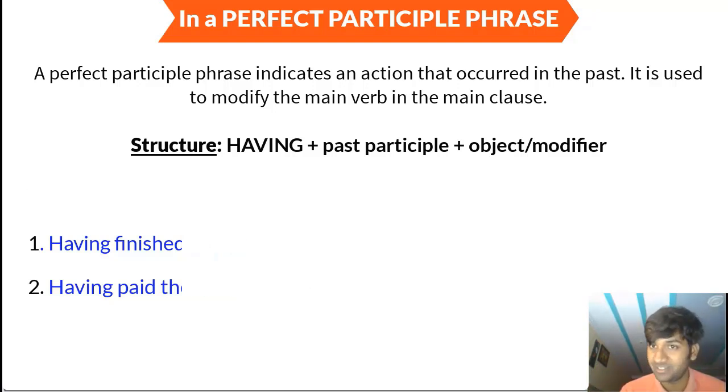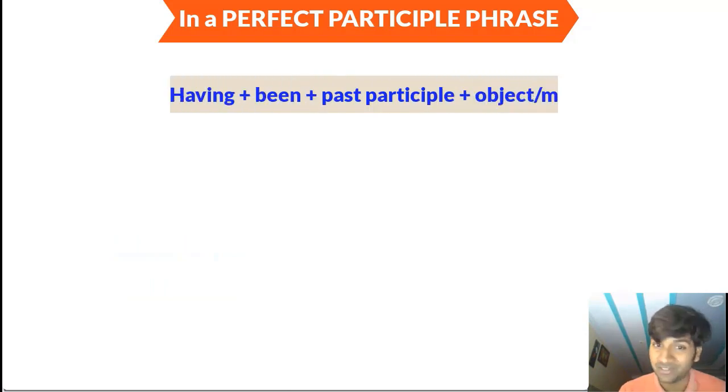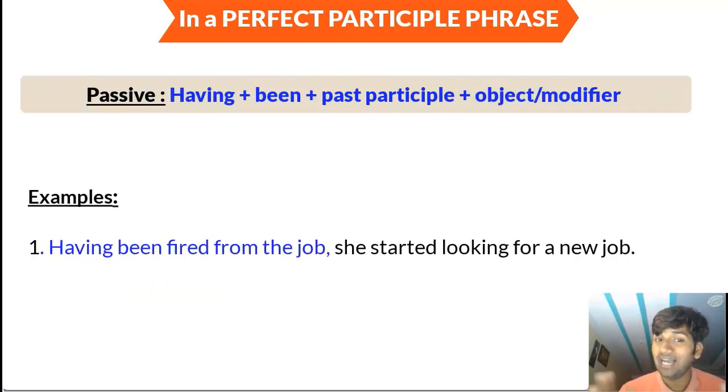Now, this was the active form, now the passive form, right? Having been fired from the job, she started looking for a new job. Now, she did not fire herself here. Somebody else did that. This is the main clause, and the subject here is she. But she did not do this action in the perfect participle phrase.